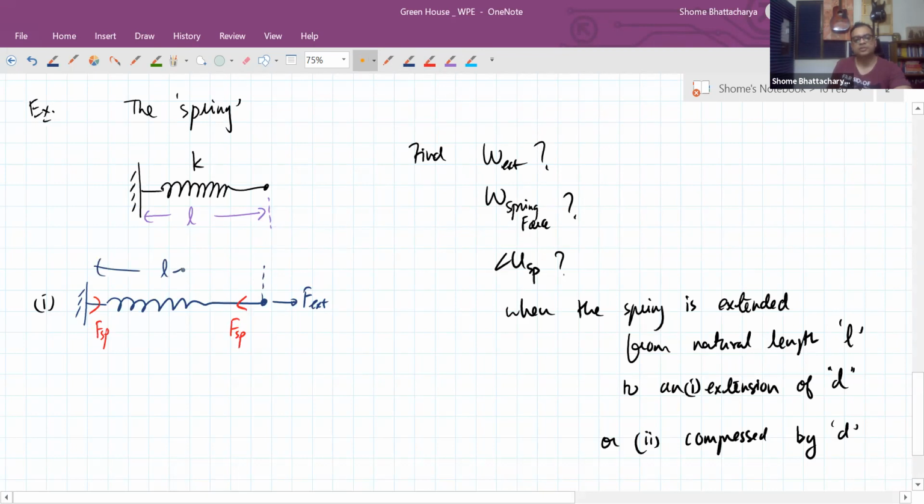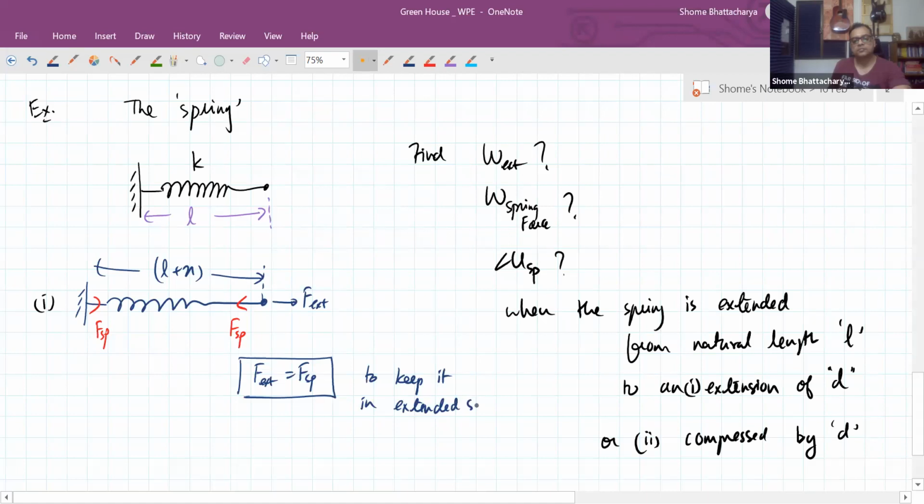So if at some point of time the spring is extended by x like this, this external force has to balance the spring force, to keep it in extended state. And the magnitude of that force is kx.